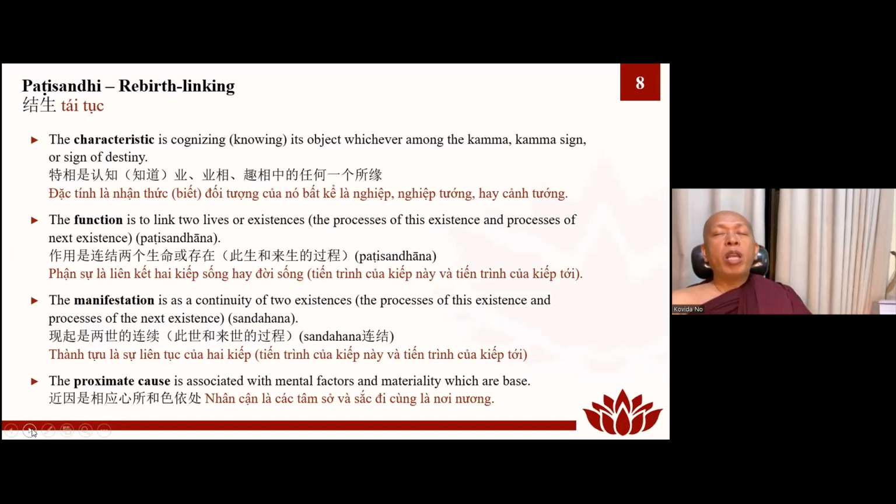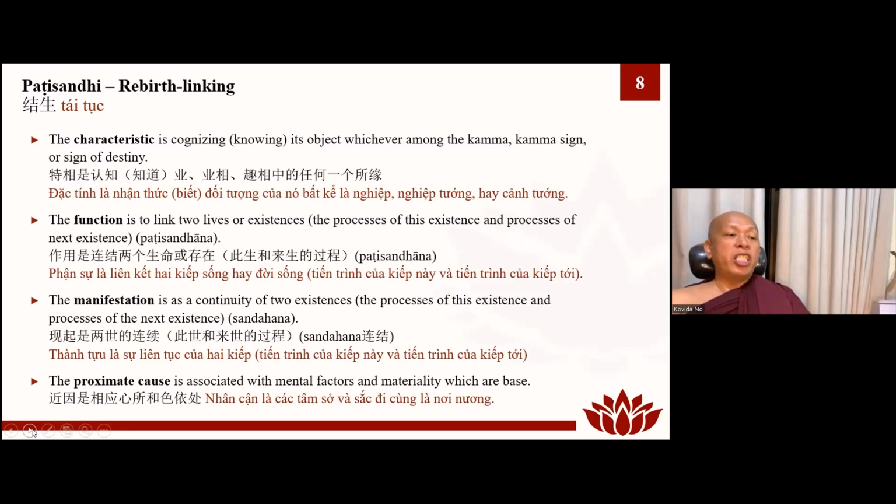For example, when we are going to kill, there are beings, or swords, or knives, or stones, or any weapons. Sign of destiny means in the near-death moment we will see, for example, divine beings, divine mansions for a good destination, or a flame of fire, or hell beings for a bad destination. So all these are the objects of rebirth consciousness. So it will know all these objects.